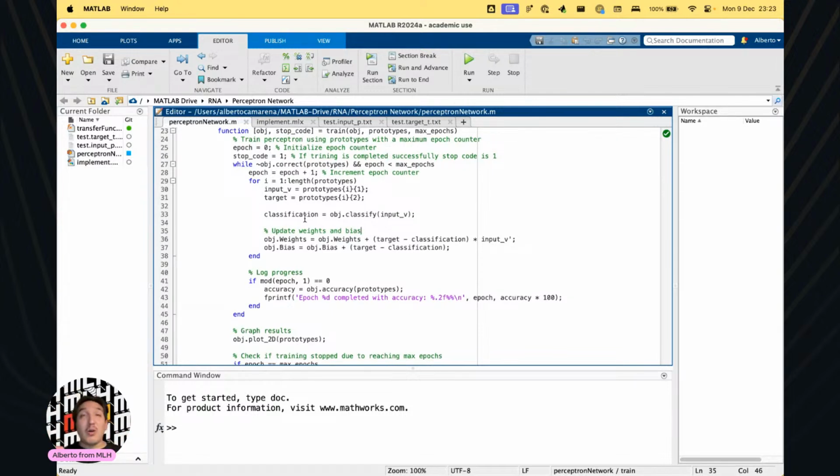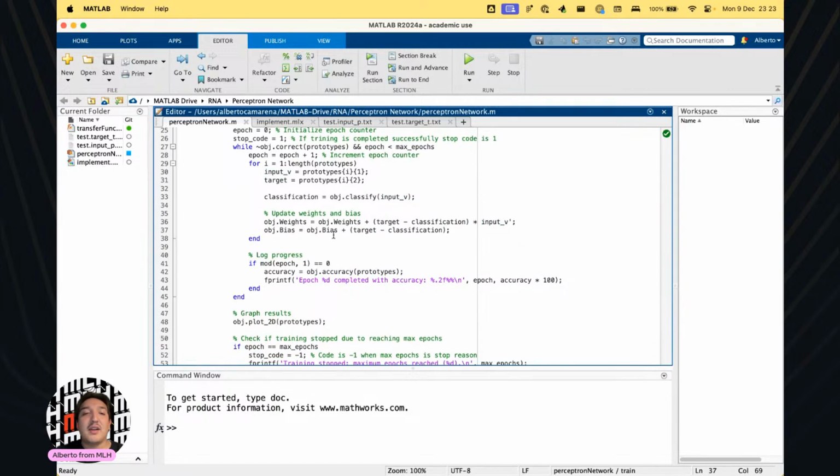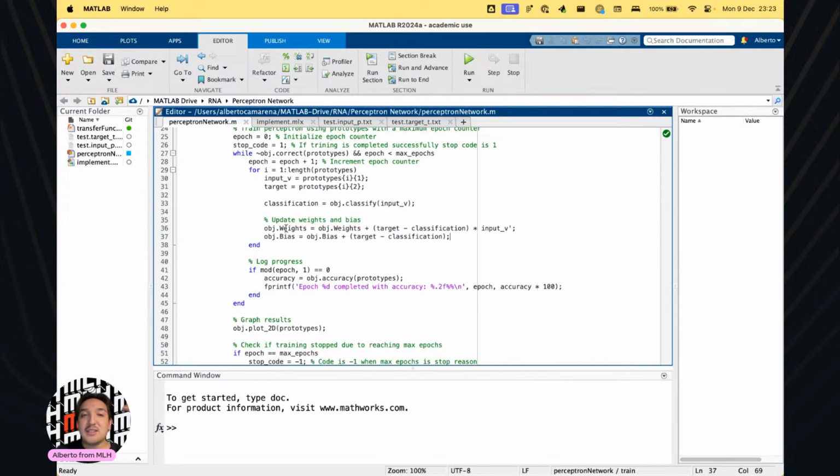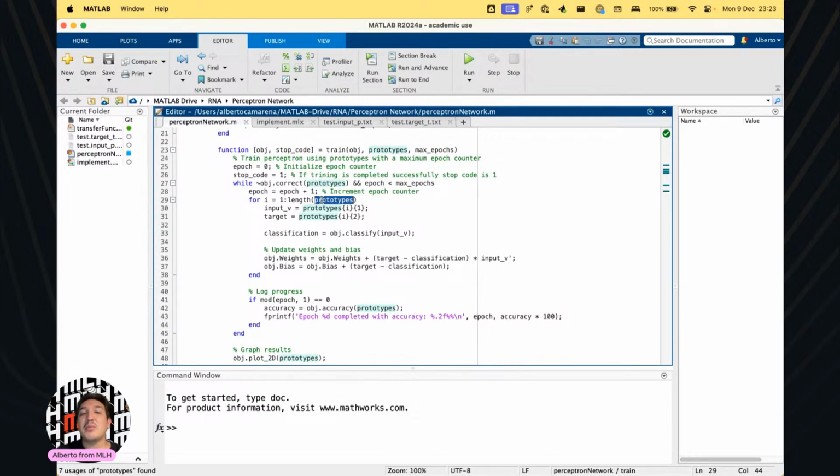But remember, all of them were summarized in this nice expression. Every time the weight is going to be updated as the previous weights plus the error, which is target minus classification, times the input vector. And bias is going to be updated too. So that's it. That's so simple, right? And we do this for every element in the prototype.